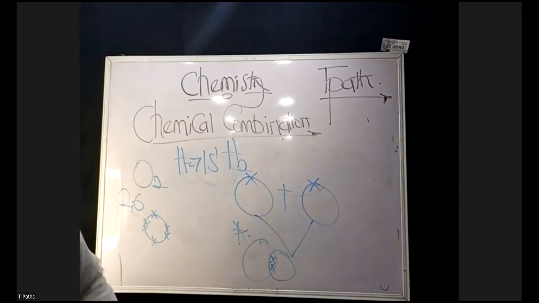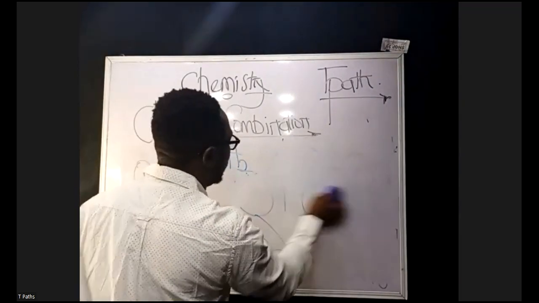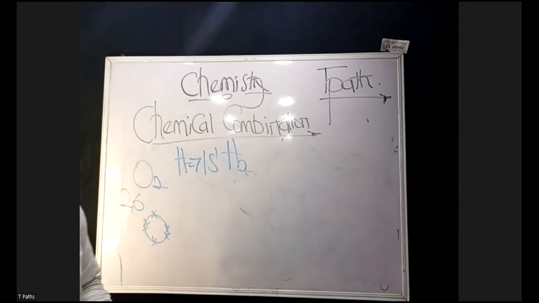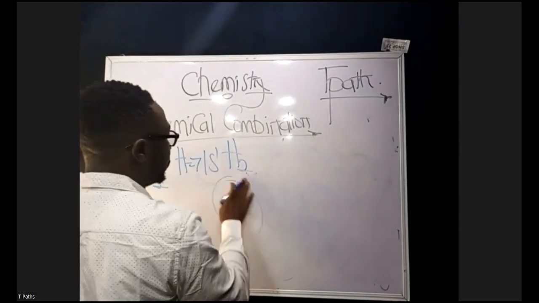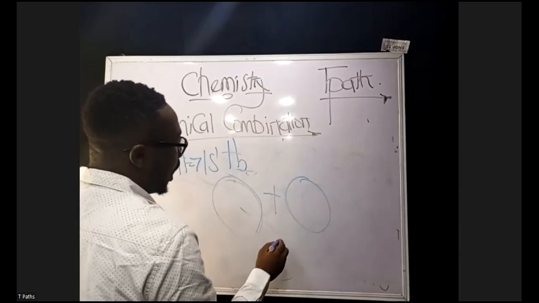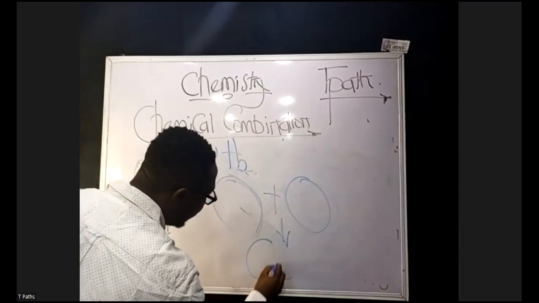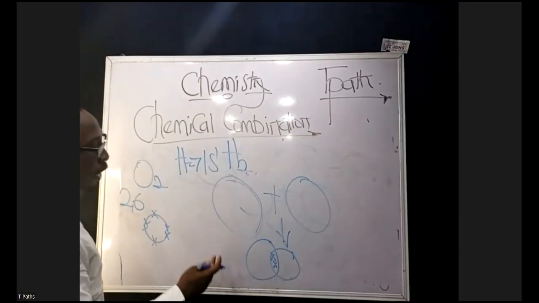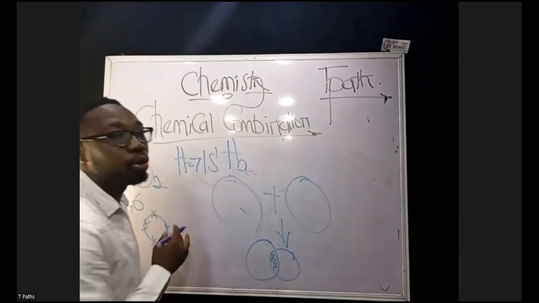But we are now having 2 atoms of oxygen. I have 1 oxygen plus oxygen again. And we have something like this. Oh yeah, let's share. You need 2, abi? Let's share together. I will share my own 2. You share your own 2.